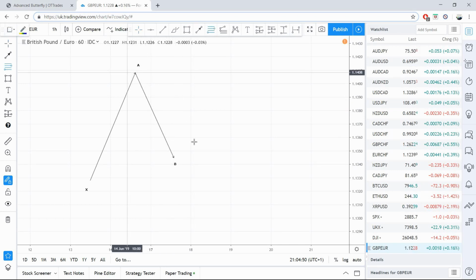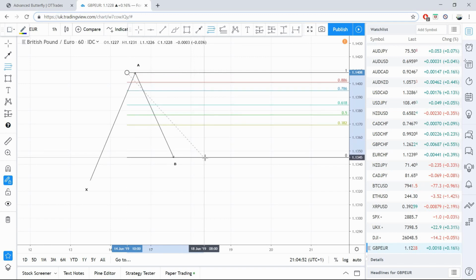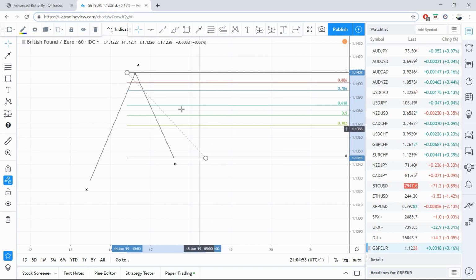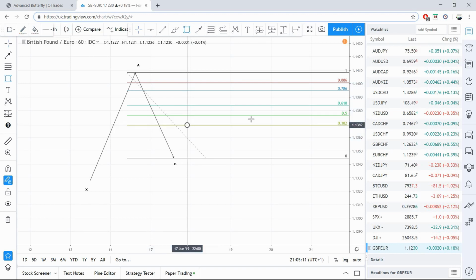So if I pull our Fibonacci tool from A down to B, it said we need at least a 382 retracement of A to B, and it cannot exceed A or 100%, or a 1 here on the Fib retracement tool. So here we've got quite a broad fib level that we can look for a retracement back into.